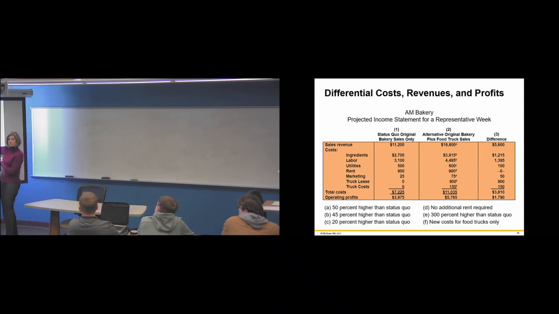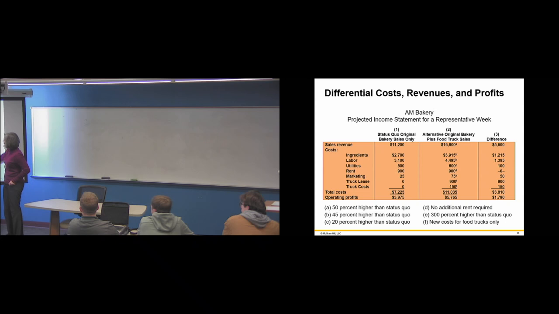You guys are going to do this a little later on in this class, so pay attention. Not for graded homework, we're just going to get warmed up, right? So the difference is 5,600. In this column, we're going to be focusing on what's different, right? And then the ingredients. Of course they're going to go up. We're making more baked goods, right?